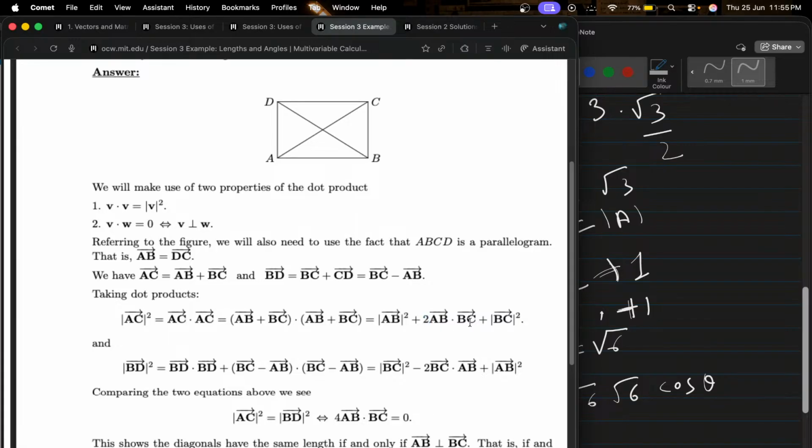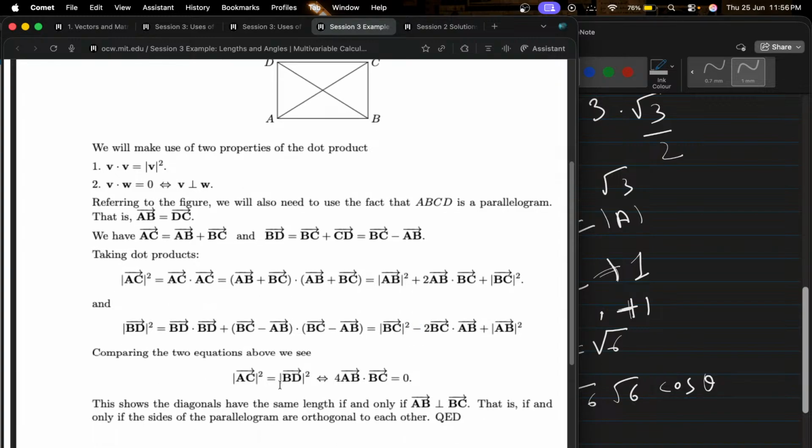And here it's the same, but it's the a minus b whole square formula. Combining these two we get this. These show diagonals have the same length only if AB is perpendicular to BC, that is, if and only if the sides of the parallelogram are orthogonal to each other.